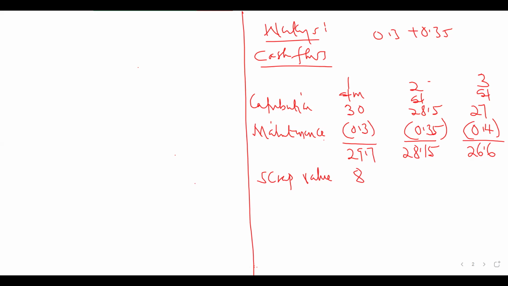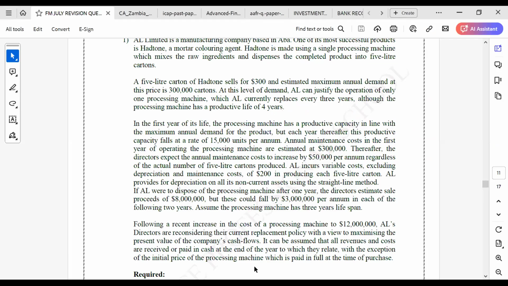The scrap value, if you are selling at the second year, I will show the effect of the maintenance cost if I'm doing the replacement every 2 years. If we are selling in the second year, the 8 million will reduce to how much?